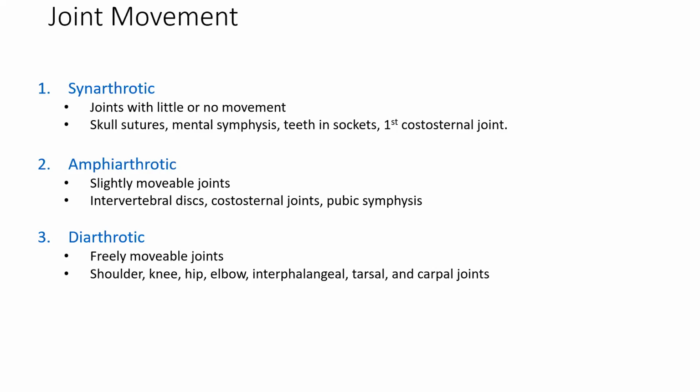Anywhere we have a little bit of movement is a slightly movable joint, or amphiarthrotic. And the third category are the freely movables, the diarthrotic joints: the shoulder, the knee, the hip, the elbow, the fingers, that's the interphalangeals, the fingers and toes, the tarsal bones in your foot, and the carpal bones in your wrist. Those are all freely movable joints.